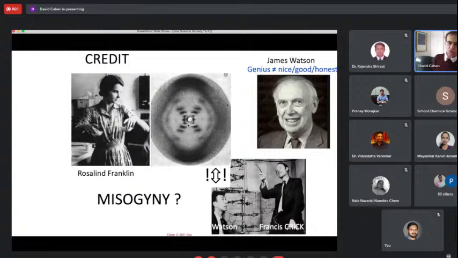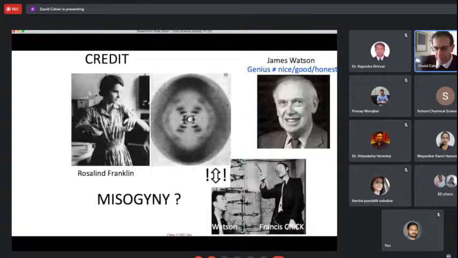And unbeknownst to her, via Maurice Wilkins and his friend, the head of the lab in Cambridge, this picture reached Watson and Crick, who were trying, just as she was, and many others, among them Linus Pauling, to find out what is the structure of DNA. So they used this picture without her permission, without her knowing.